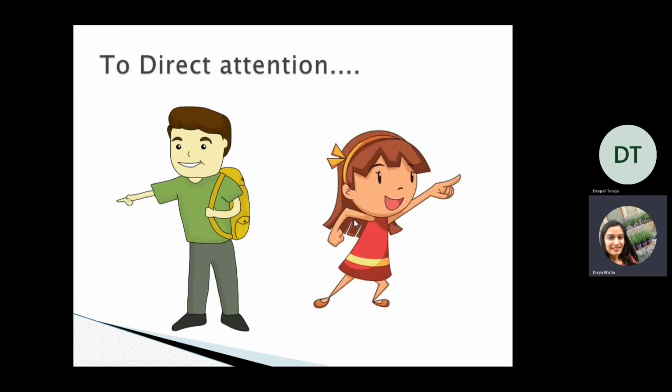Let me begin by introducing pointing movements. There is nothing new about pointing movements. All of us know what they are because we make pointing movements all the time in our routine actions in day-to-day life. As you can see in this picture, pointing movements are used to direct someone's attention. Pointing can serve different functions, for instance, to locate an object in space and time, to direct someone else's attention, or even for gestures.